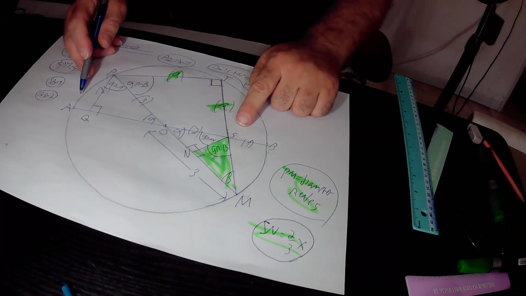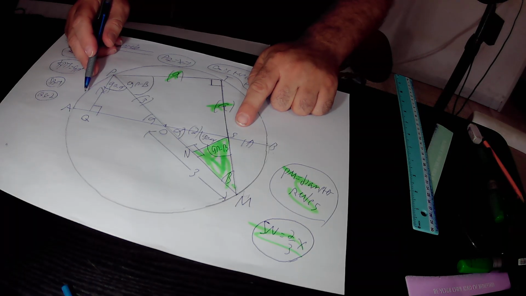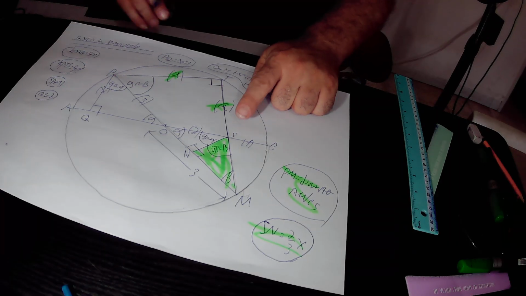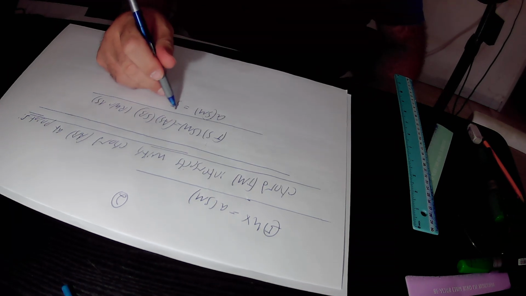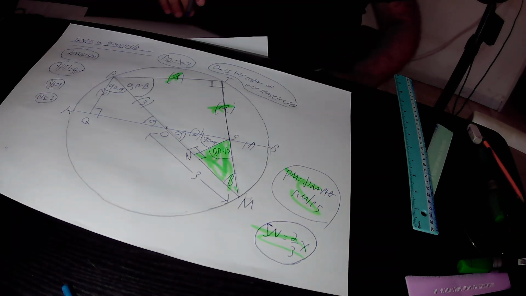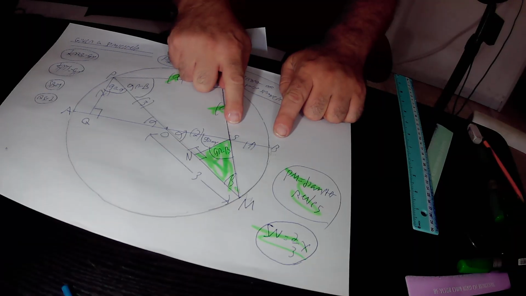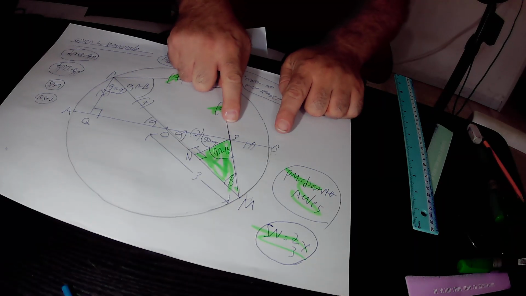What is the length of AS? AS in total equals AO plus OS. So AS equals AO, that is the radius of the circle, that is 3, plus OS, that is 2. So AS equals 3 plus 2, that is 5. So AS equals 5 times SB. SB equals 1 unit in length according to what is given in the question.